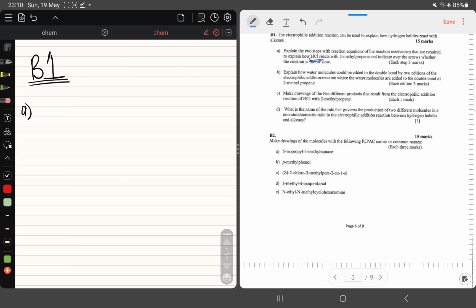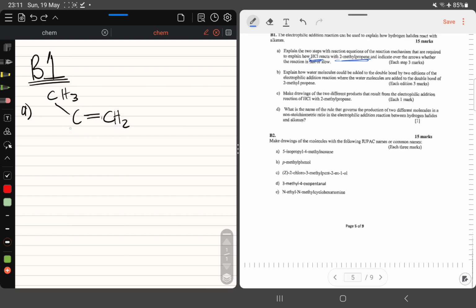We have HCl as our HX, and it is reacting with 2-methylpropene. If you go through your slides, the one that's given is 2-methylpropene. This is what it looks like. You have your C double bond and then single bonded to a CH3. So this is propene right here, okay? In here, you'll be having this as CH2, because carbon should have 4 bonds. Here it has 2 and then 2 with hydrogen.